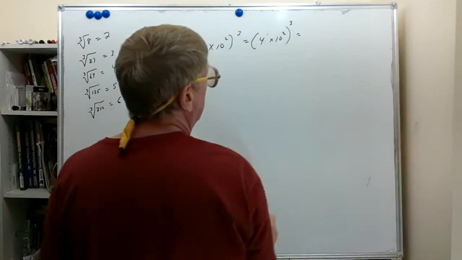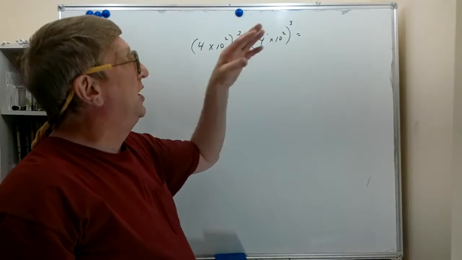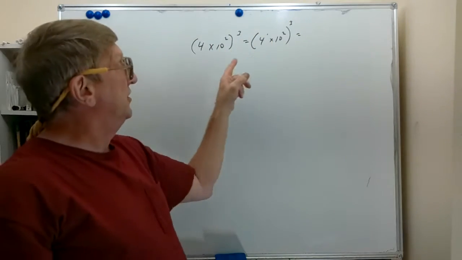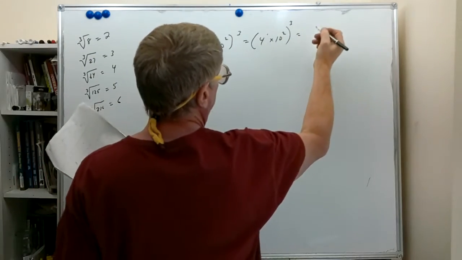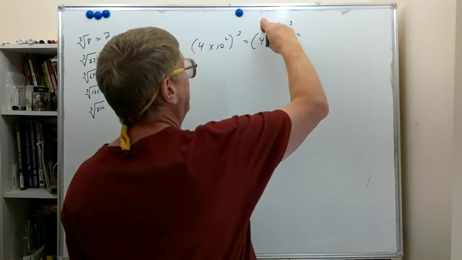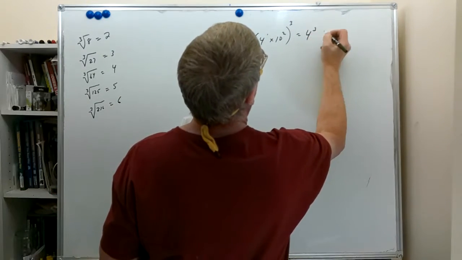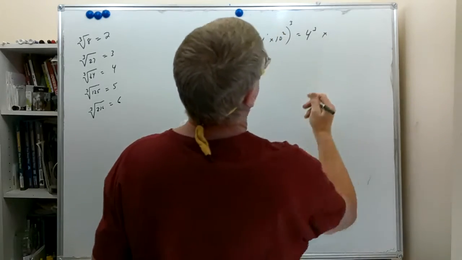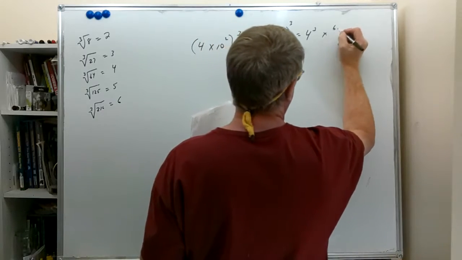Well, when you have an exponent on the outside of a parentheses, you can bring it inside by raising each factor to that power. So 4 to the first times 3 is 4 to the 1 times 3. This exponent times that exponent gives us 4 cubed. And 10 to the 2 times 3 is 10 to the 6th.